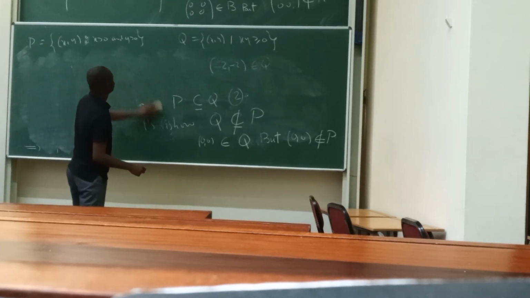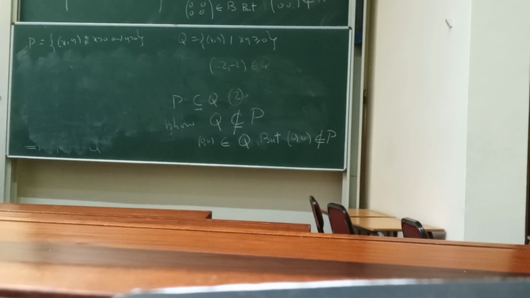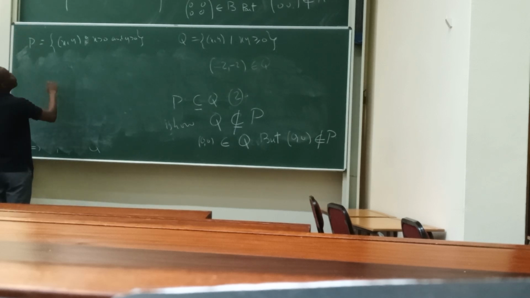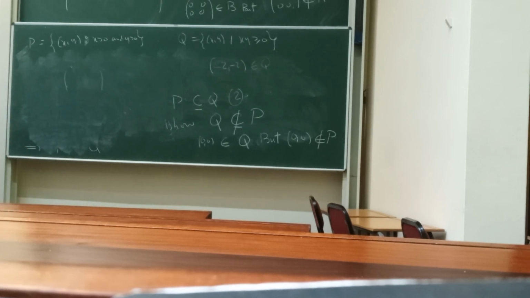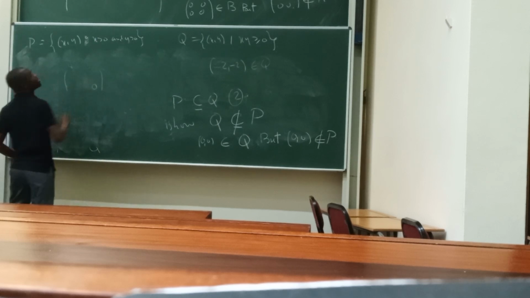Okay, so if we actually mean that all those A, B, C should be different of 0, then let's pick an element of B. We should pick something in B so that we have 0 somewhere, such that when we have A plus B equal to C plus D, I can make 0 here.